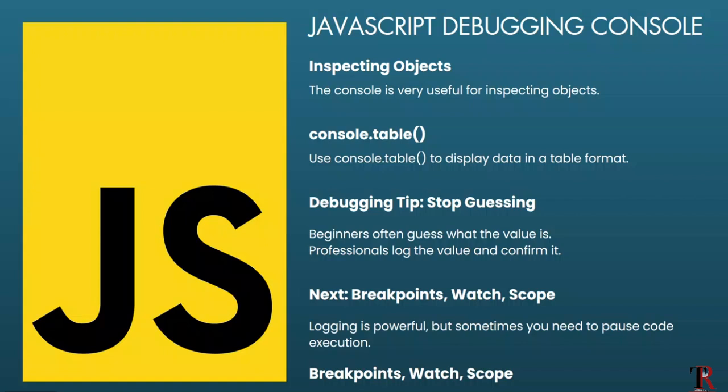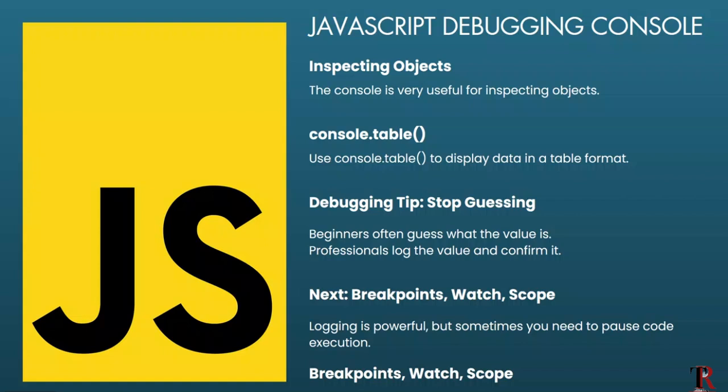Professionals log the value and confirm it. So if your code is not working, do not guess. Use console.log to log the value so that you can confirm that what you think is wrong is actually wrong. Now let's look at the next topic: breakpoints, watch, and scope.